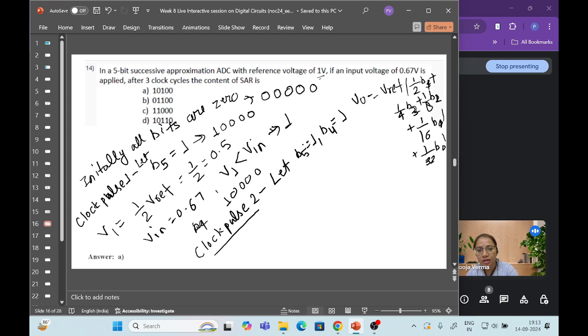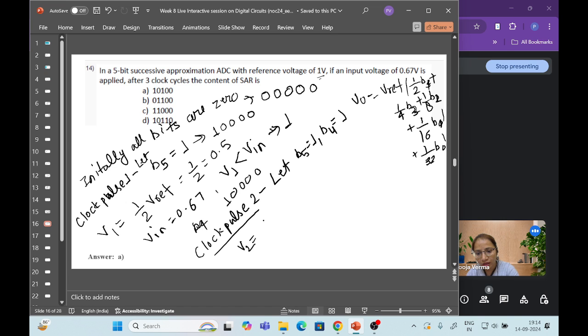Already we know that V5 is fixed, that is 1, because V1 is less than Vin. If it is greater, it will produce the output 0. That means that statement is false. Whatever assumption we have taken is false.